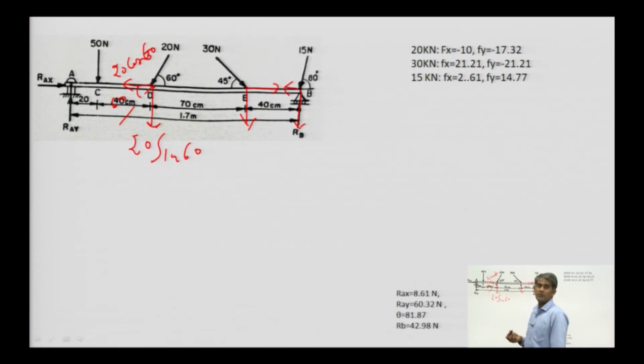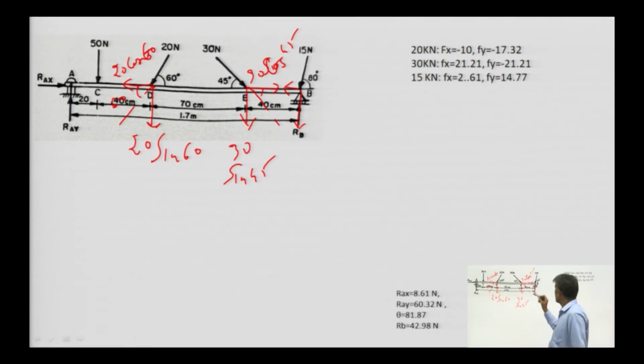This is the component. What will be this component? This angle is 45, so this is also 45. So, it is 30 cos 45 and 30 sin 45. What about this component?